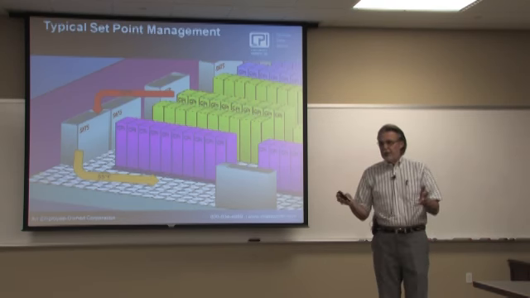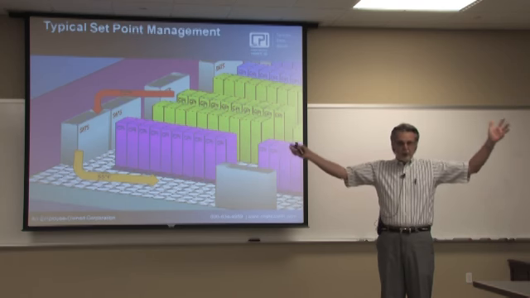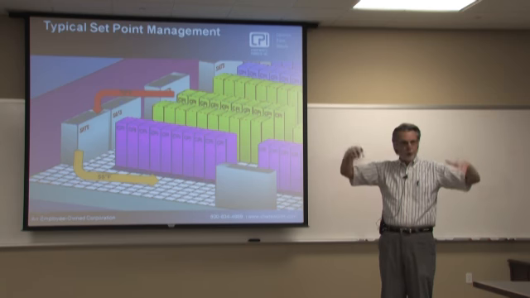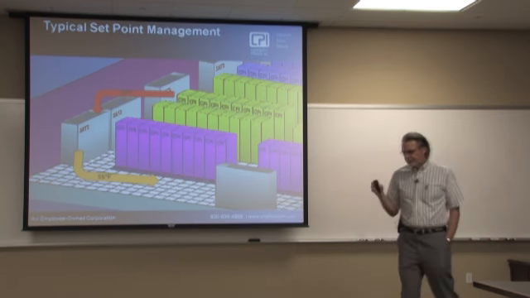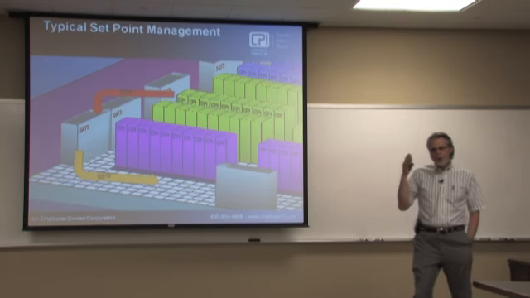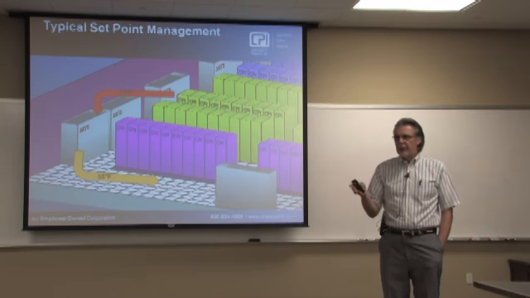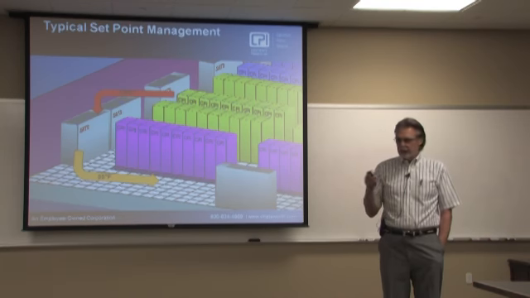They may be using central package units, great big multi-100-ton units sitting on the roof, with ducting into the data center. But what they will typically be doing will be running their air conditioning the same way that you do at your house.